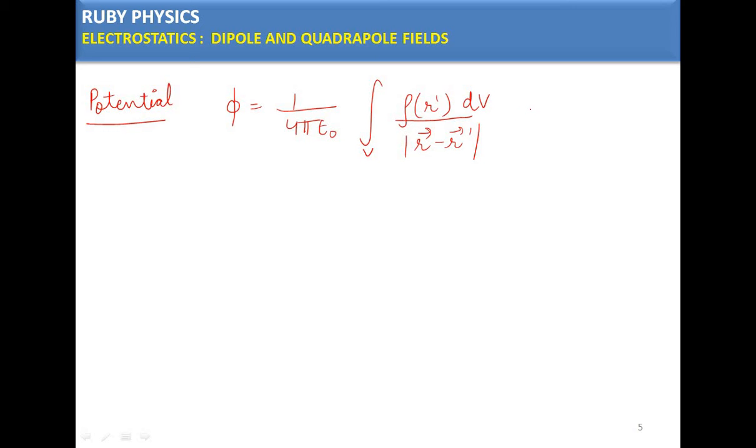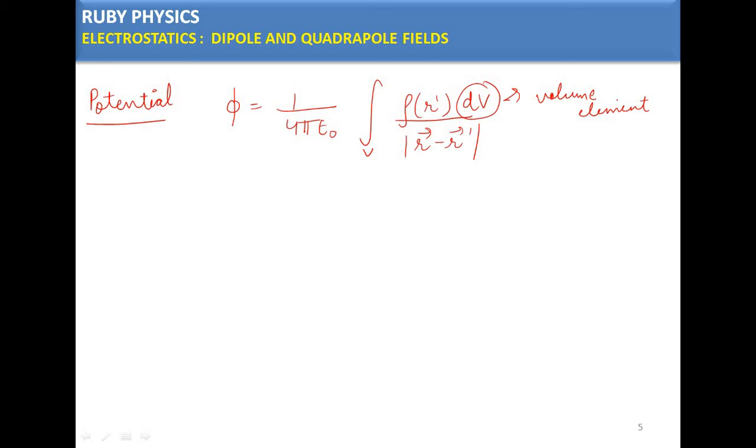Here r is the observation point, and r dash is the origin point. Rho is the volume charge distribution, and dv is the volume element. So this is the distance between the origin and the charge distribution. I hope it's clear.